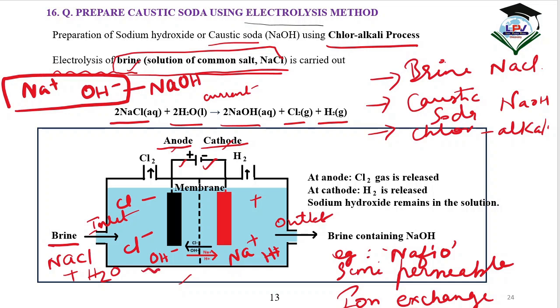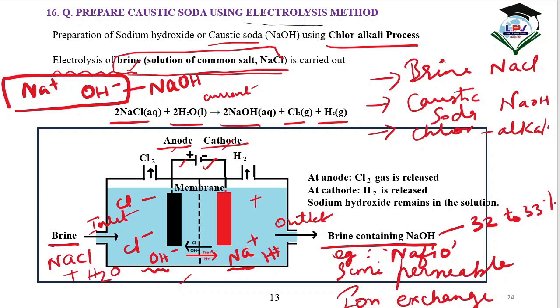So here you have your brine containing NaOH. This is about 32 to 33%.